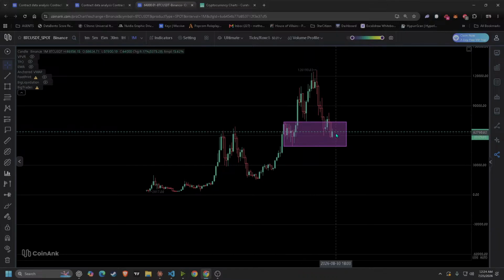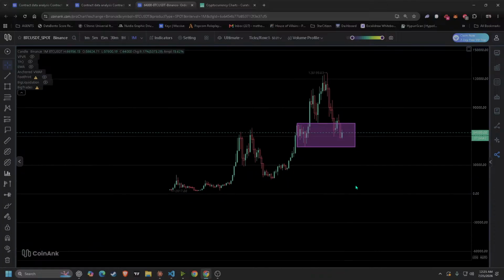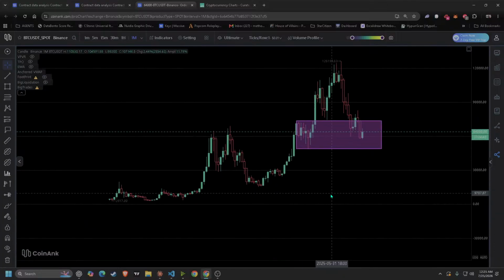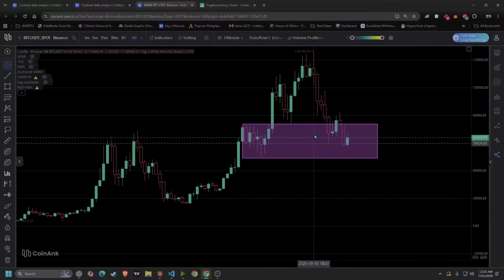Could be a fake out to the downside where we make a low, put in a high, put in a low, clean the high, clean the low, come back and then go, or opposite. Low, put in another high, then put in a low, clean the high, come back halfway and go the other way. Anyways, you don't know, right? But this is pretty technical what happened here.